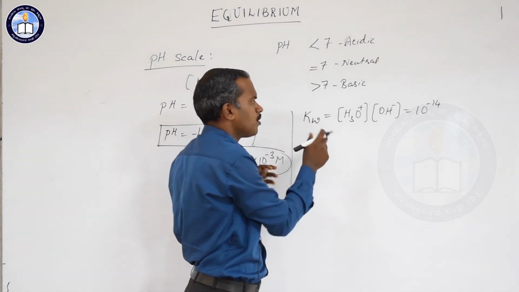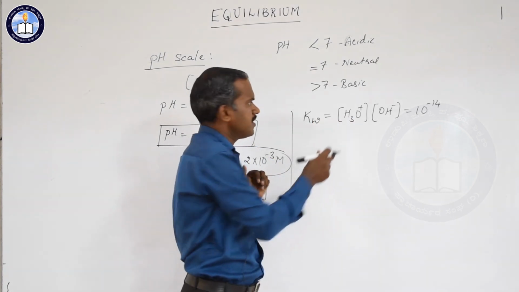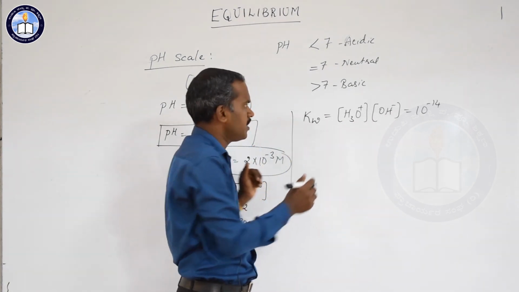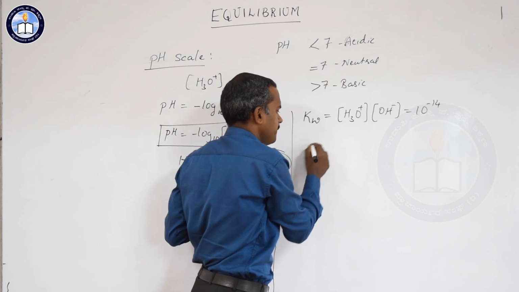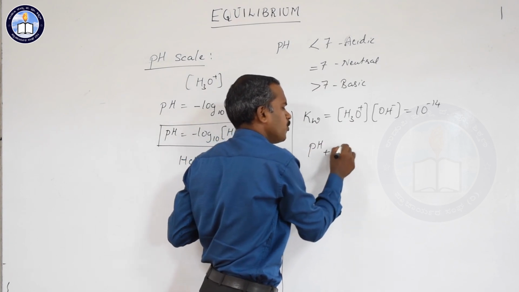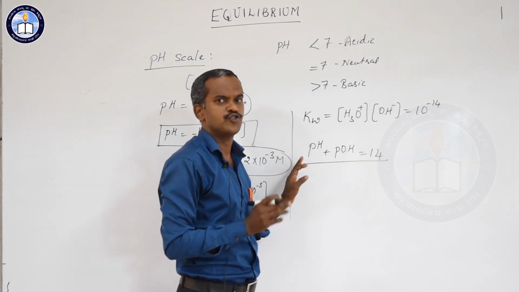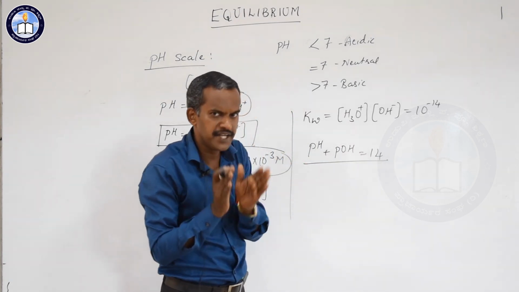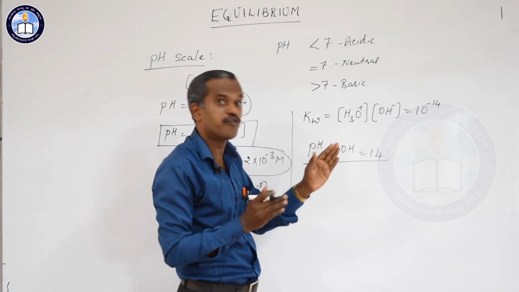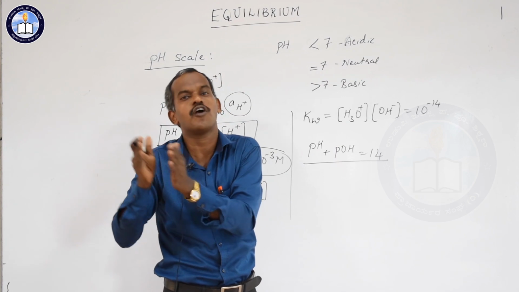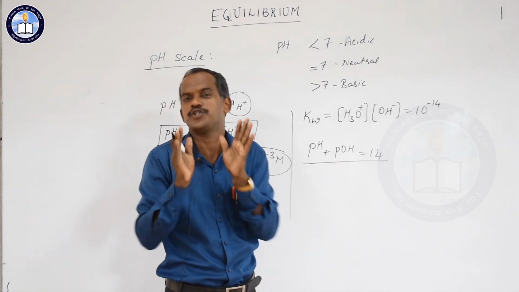So you can understand easily the hydronium ion concentration and hydroxyl ion concentration. If you substitute from this, you can easily say pH plus pOH is equal to 14. Okay, so from this what you will understand: the pH scale ranges from 0 to 14. 0 to 7 is acidic, 7 to 14 is basic, whereas 7 is neutral.